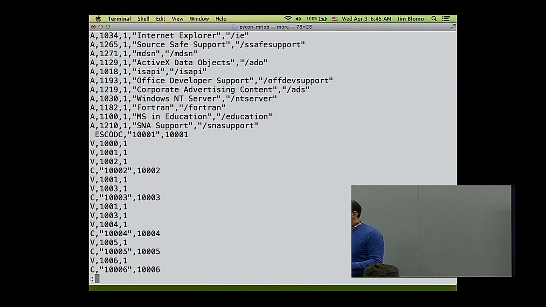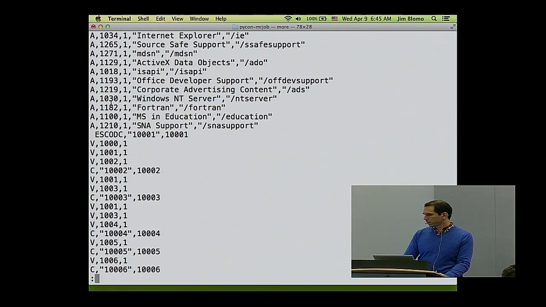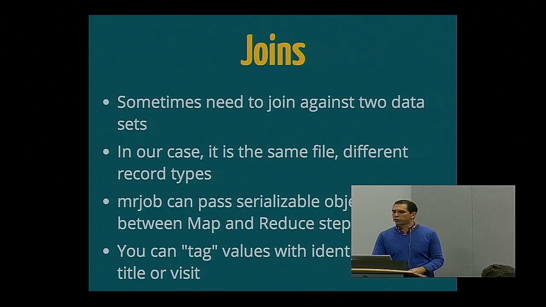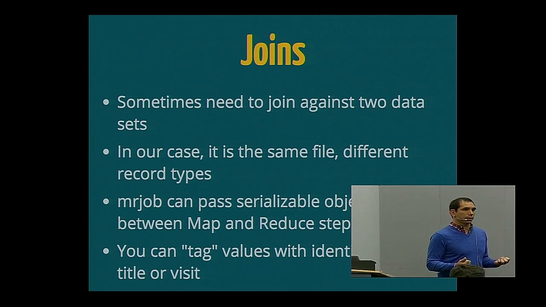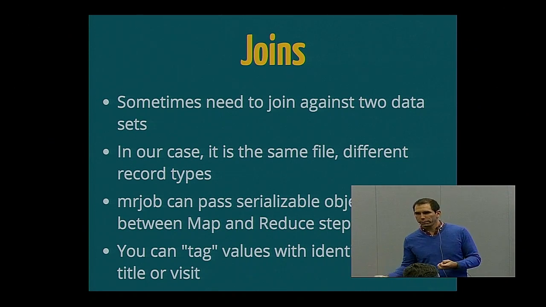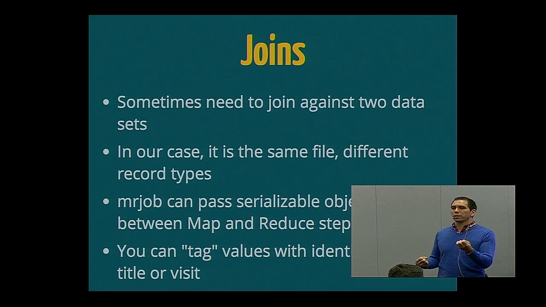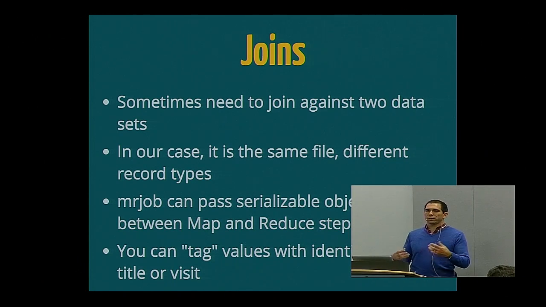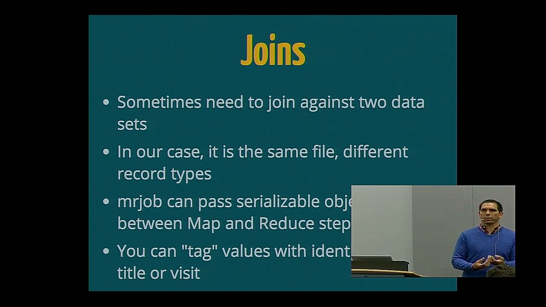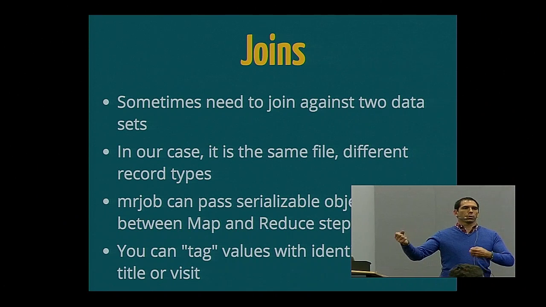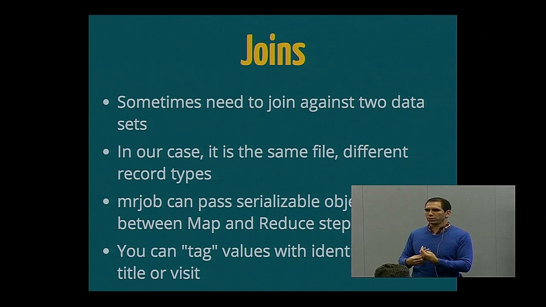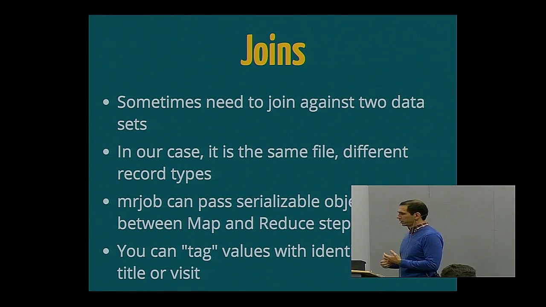So we're going to need to join those two lines together somehow, so that we can associate a vroot ID with both the number of times it was visited and its title. Sometimes we need to do a self-join like we're doing now. Sometimes you might need to join two different files and put them together so that you can process that information together.